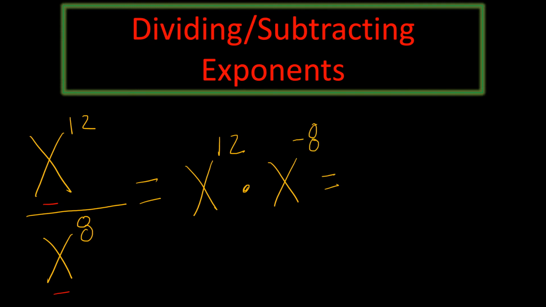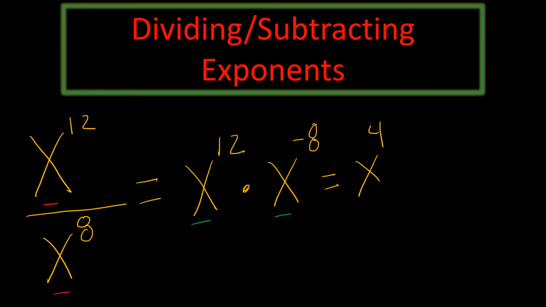And if you recall from my earlier video, when we have the same base, both x and x, we can just add the exponents. And 12 plus negative 8 will give you 4. So you'd end up with x to the 4th power.